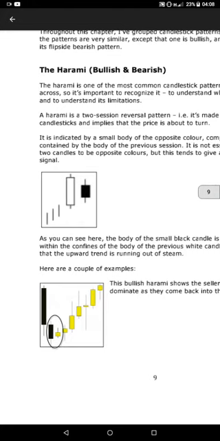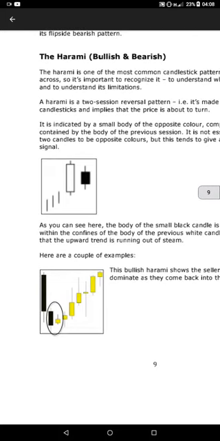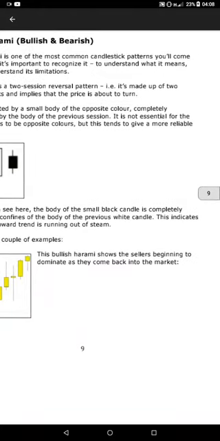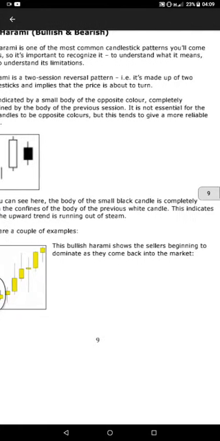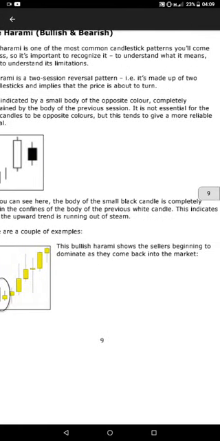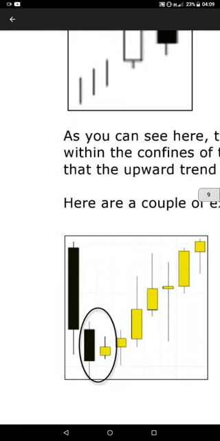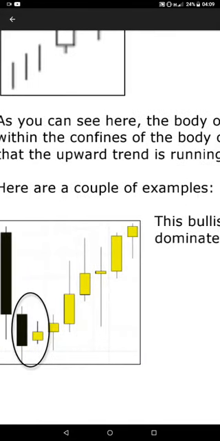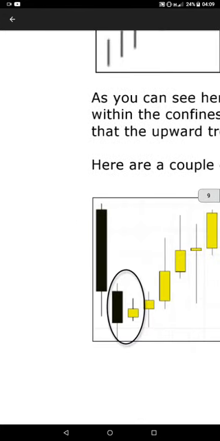Here are a couple of examples. The bearish harami shows the sellers beginning to dominate as they come back into the market, guys. As you can see here, when you see something like this, you must recognize a harami in your head, guys.